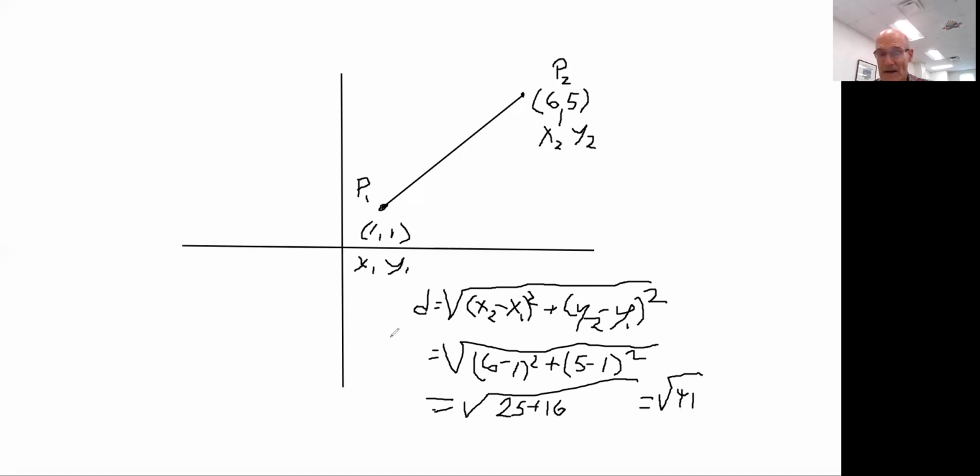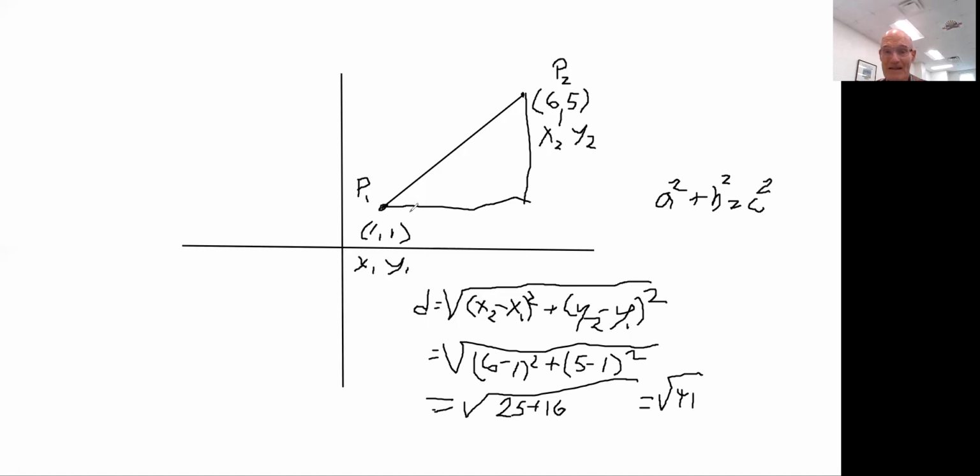So if you look in your textbook, there's an example problem that's worked out, and you can see the derivation of this formula there. Now, if you remember the Pythagorean theorem, which says a squared plus b squared equals c squared, that's all we're doing here.